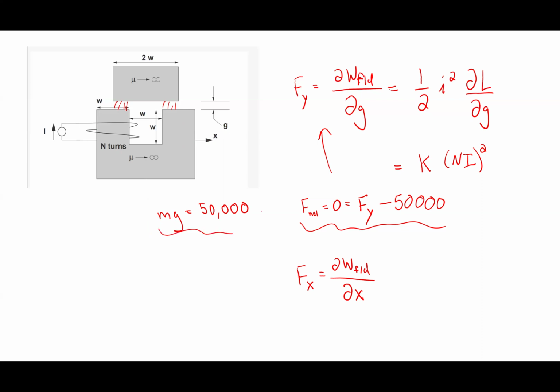In the X direction, there isn't another force. And the good thing about this one is it's restorative. If the object for some reason moves to the left, the force will be in the negative direction, meaning it will act to close it, because the minimum reluctance condition is where this guy is perfectly centered, like he is in this picture.